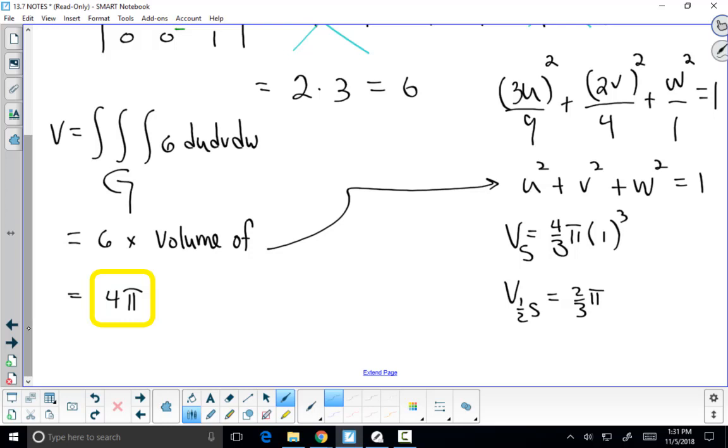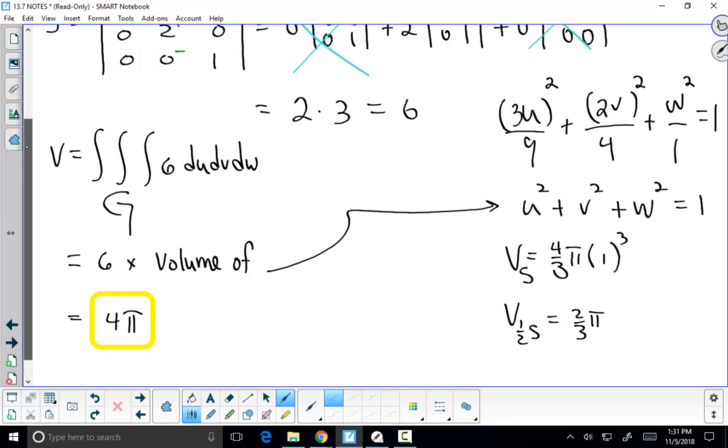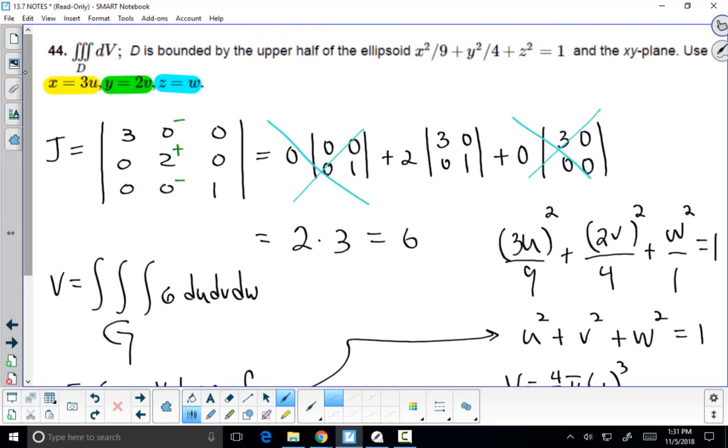Let me just say this out loud to make sure I got it right. We set up the integral for the volume of the whole sphere, but then we only needed the top half of it because it was the top half of the ellipsoid, right? Yes. Because the solid that we're looking at is the top half of the ellipsoid, when we transfer it over here, it corresponds to the top half of the sphere in the UVW system.